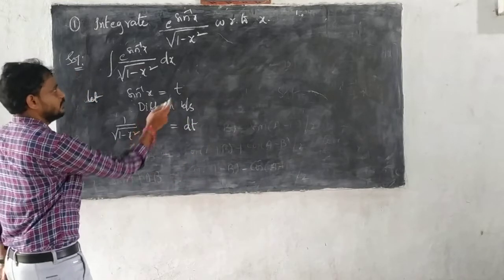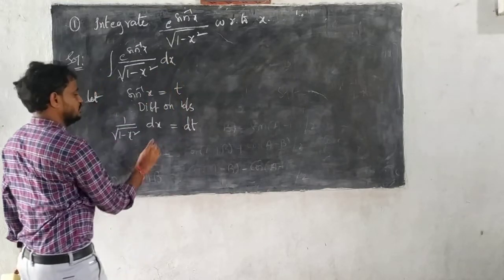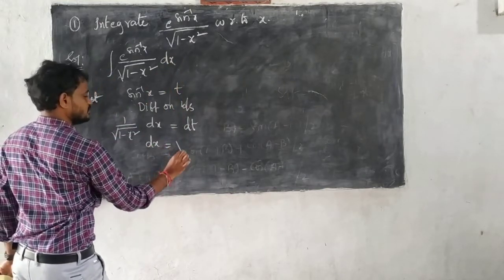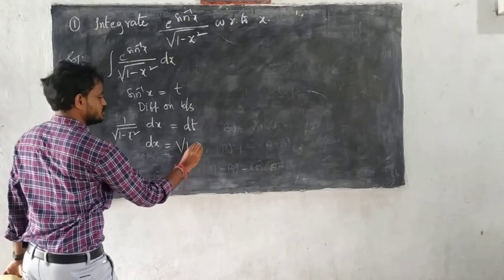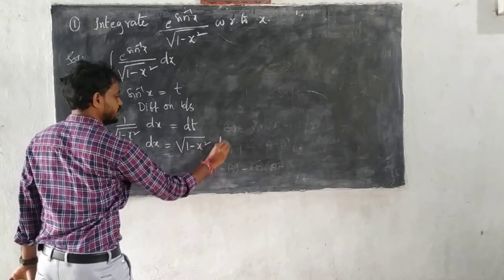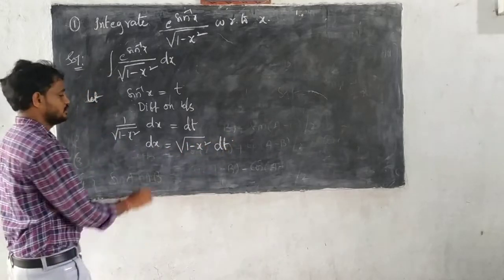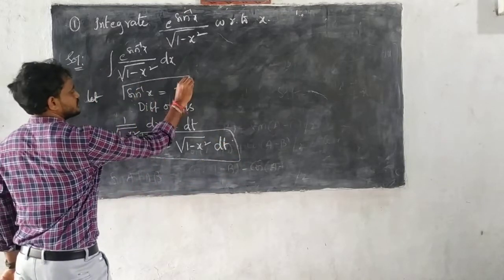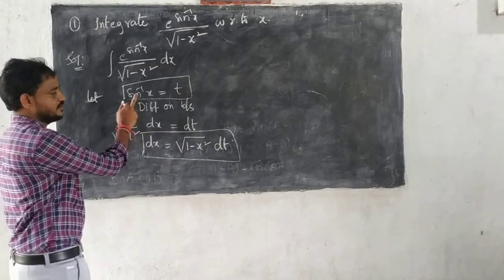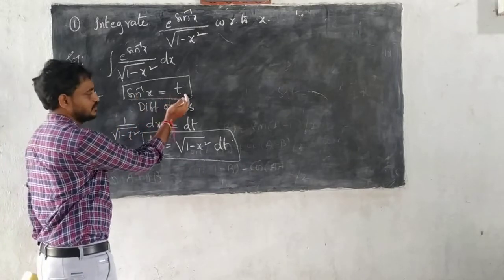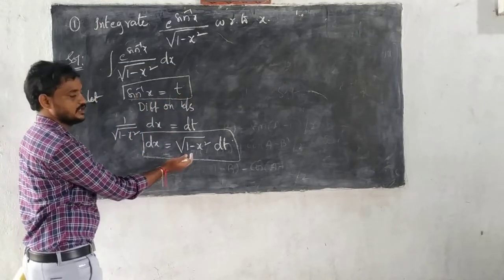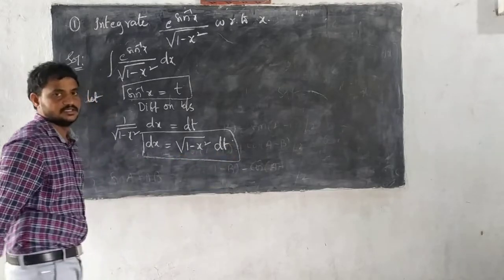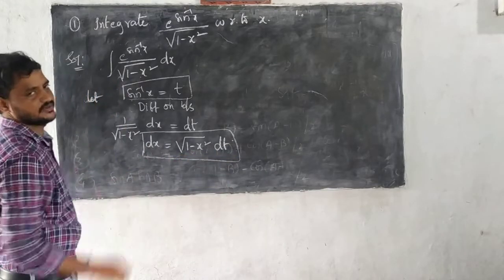Then from this we have to find the dx value. So what is dx? Take this term to RHS. So under root of 1 minus x square into dt you will get. So we have the dx value, and sin inverse of x value we have assumed as t, and dx value is square root of 1 minus x square into dt. Substitute these two values in the given function.